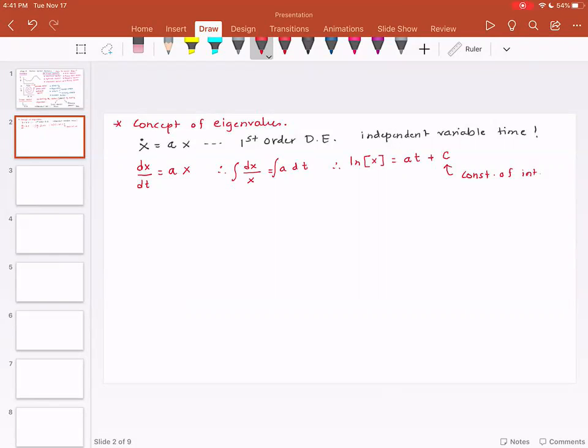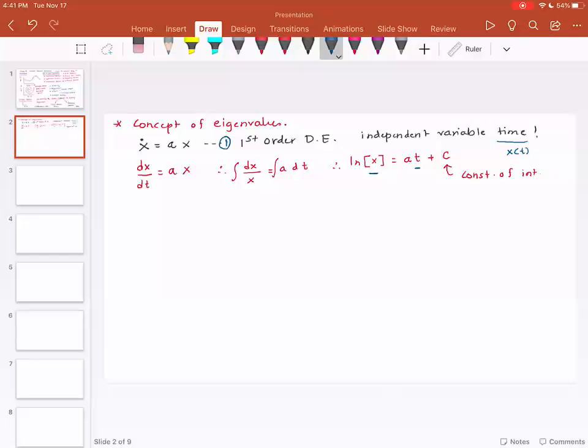Now what we need to do is we need to find out the relationship between x and time, because note, our independent variable is time. So the solution of a differential equation is a function x of t. Once you substitute that function on the left hand side and right hand side of equation 1 gets satisfied.